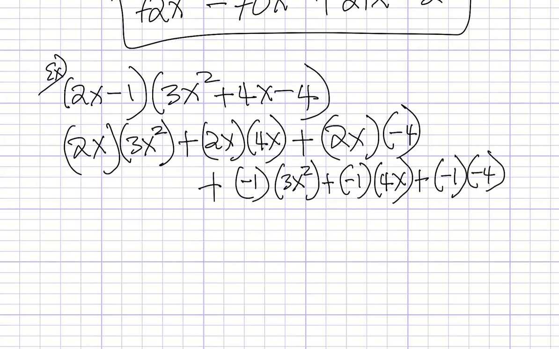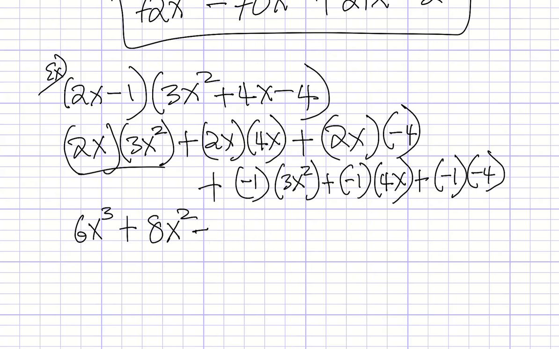See it, right? So let's simplify things a little bit. We'll combine that, and that will give you 6x with exponent 3 plus 8x exponent 2, negative 2x, no, not 2x, it's 8.